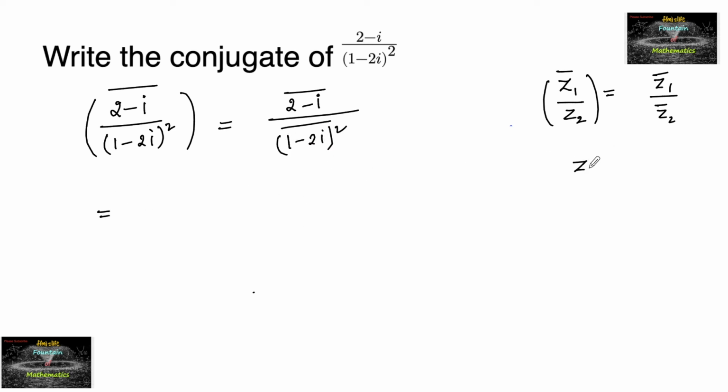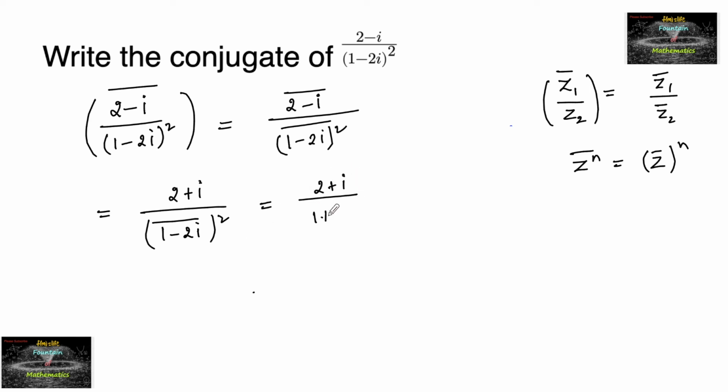And also we know that conjugate of z power n is equal to conjugate of z whole power n. So conjugate of 2 minus i we can write as 2 plus i upon conjugate of 1 minus 2i whole square, which is equal to 2 plus i upon 1 plus 2i whole square.